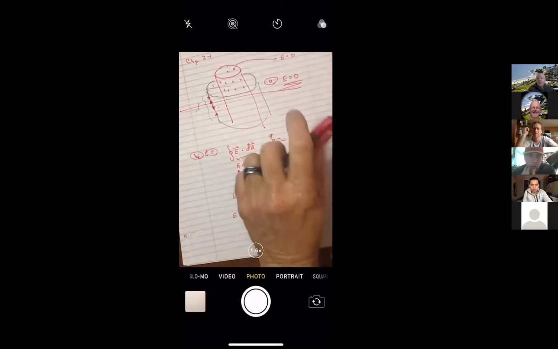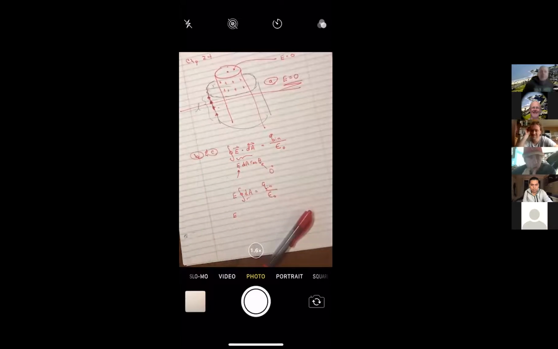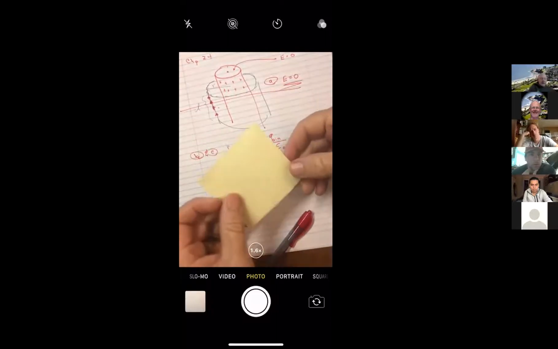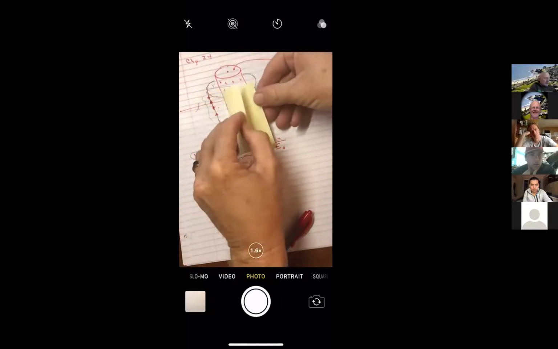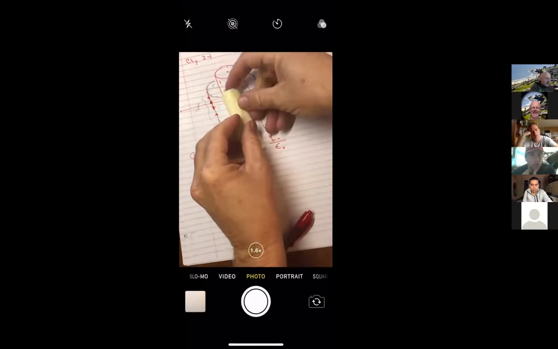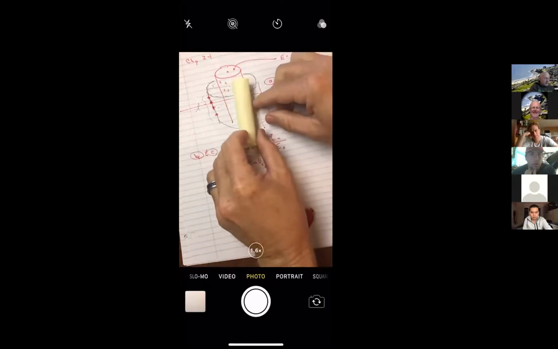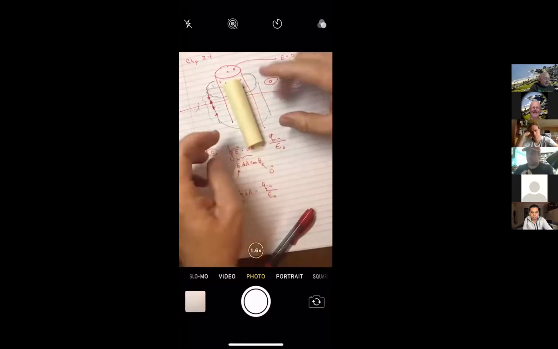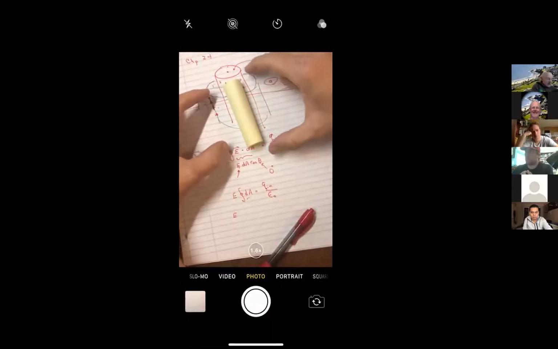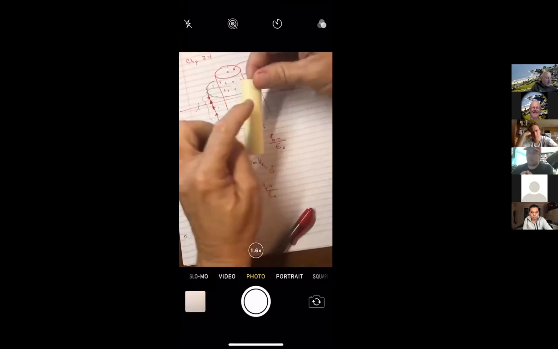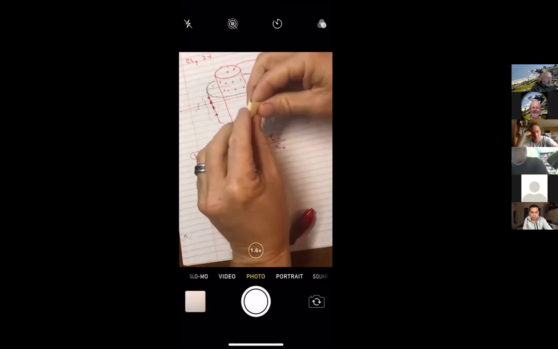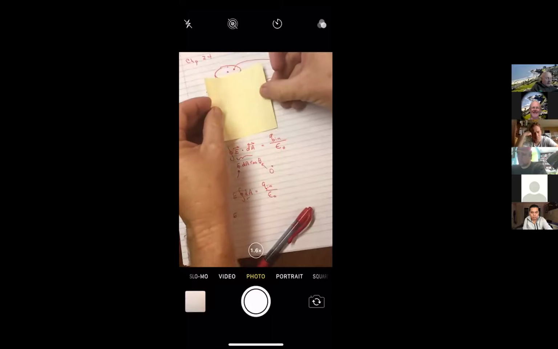With my sticky notes that I used before, I would argue this more from geometry than calculus. If I have a Gaussian surface in the shape of a cylinder, these black lines out here, and I want to know the area of this, I imagine unrolling it and laying it flat.